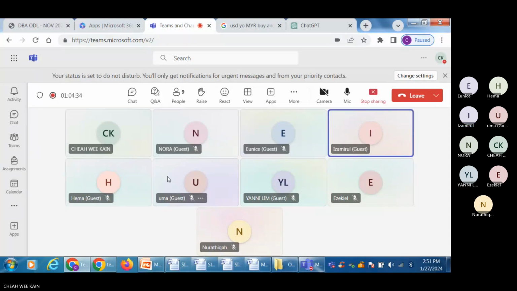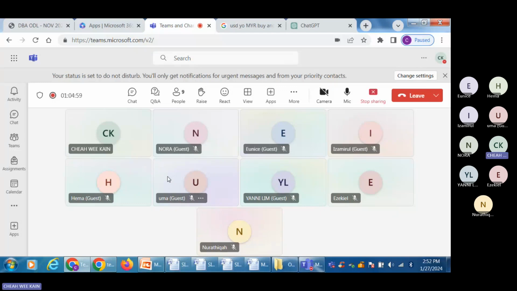Because nilai wang yang rendah, nilai wang rendah is the result. But will the price go up or go down first?